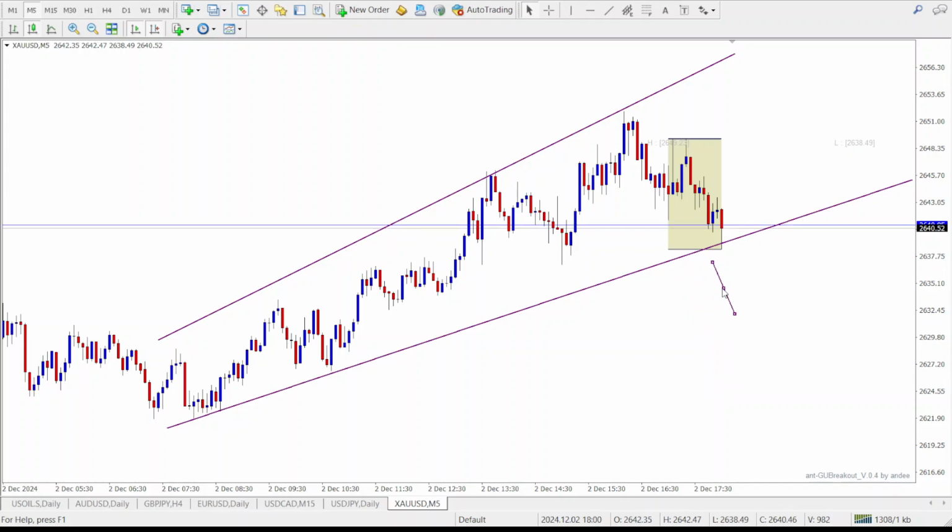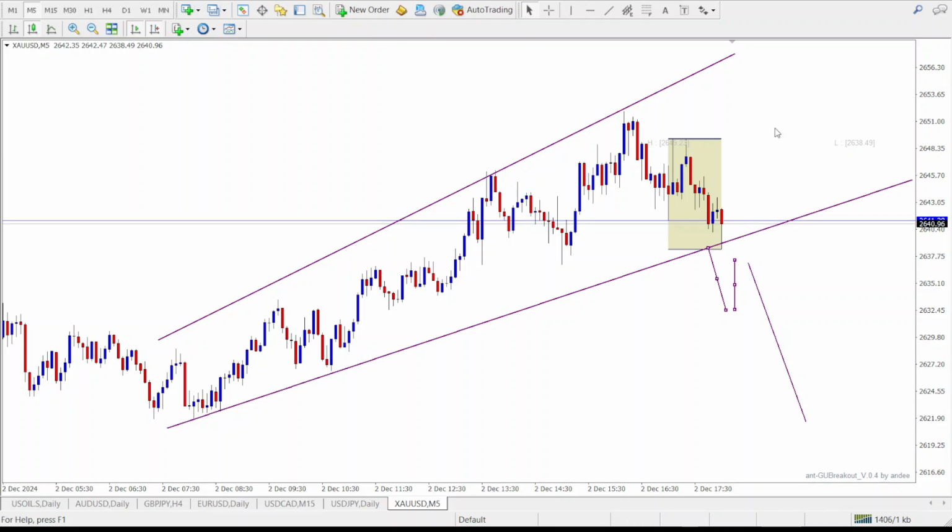Whenever a breakout happens, you should wait for a retest. For example, if you have a breakout to the downside, the price should get to the breakout point, or at least close to it, and then continue to the downside. That is if we have a bearish breakout.